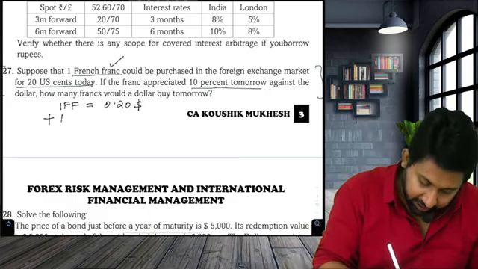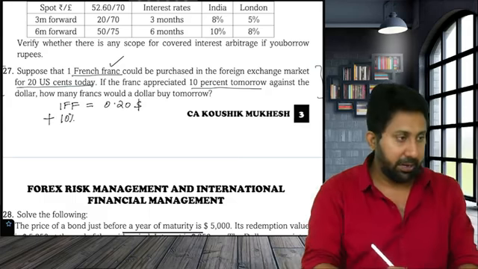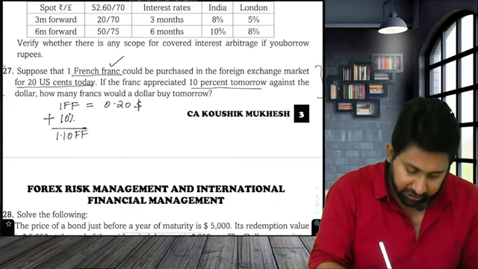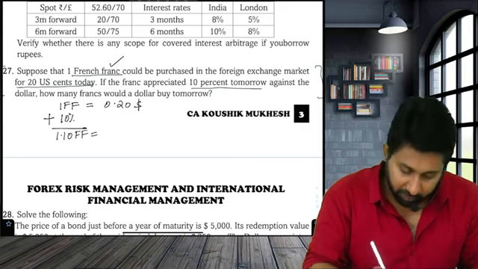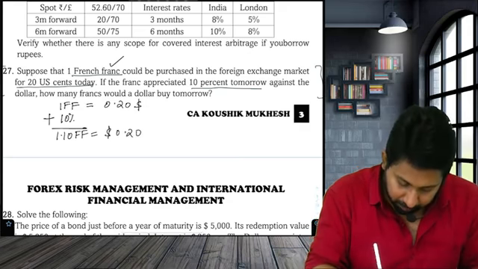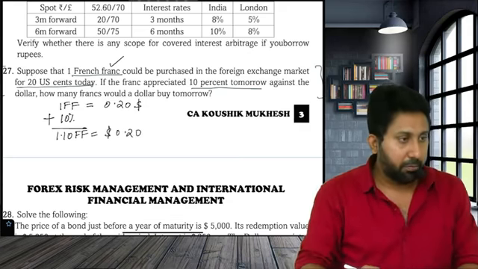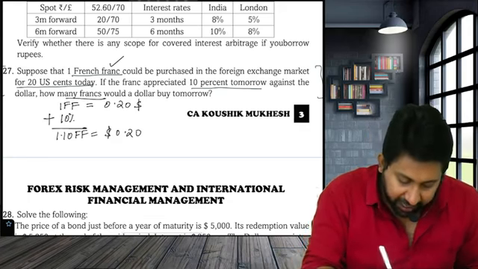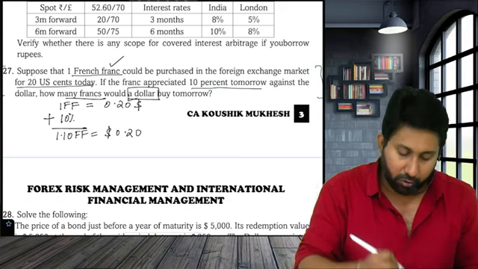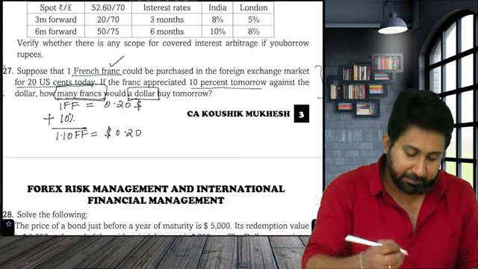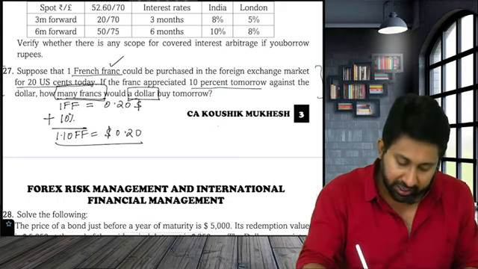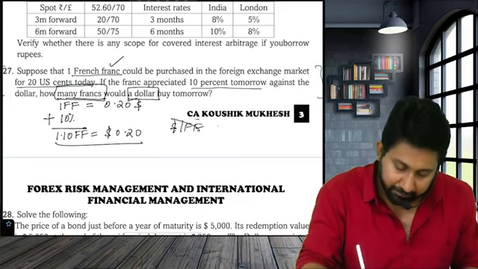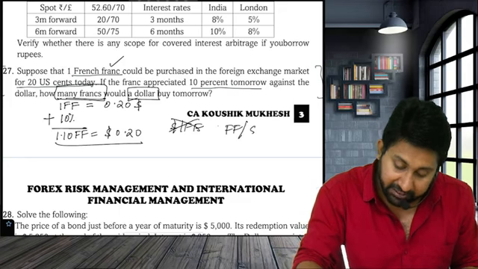So 1.10 French francs equal $0.2. He is asking how many francs would a dollar buy tomorrow. He is asking not dollar per FF; he is asking the number of francs per dollar.